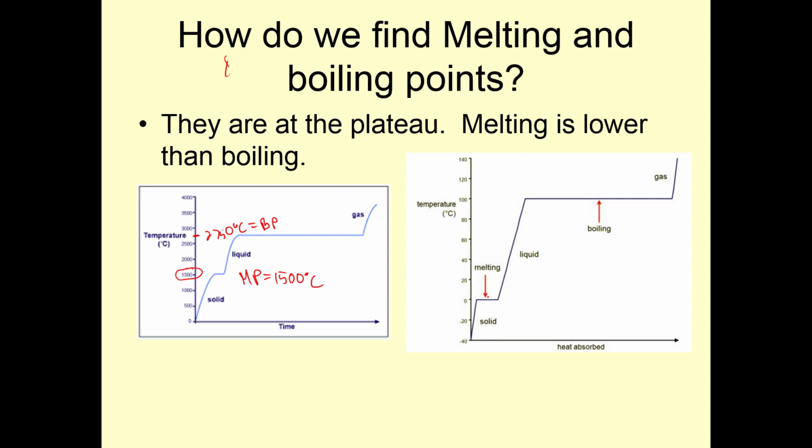This one, the melting point is 0 degrees Celsius. It's the lower plateau. A plateau is a flat line. Boiling is up here. That's 100 degrees. Boiling point equals 100 degrees Celsius. It's the higher plateau.